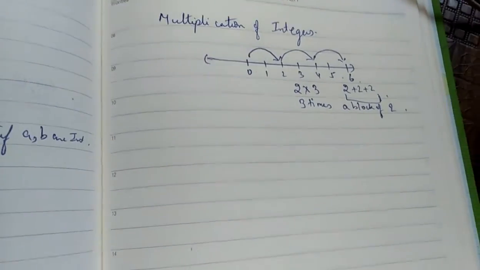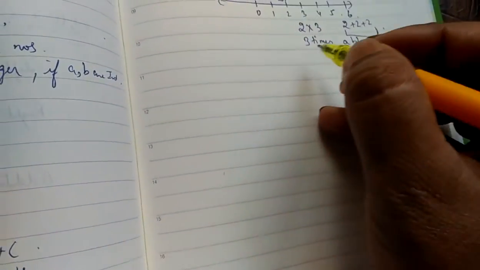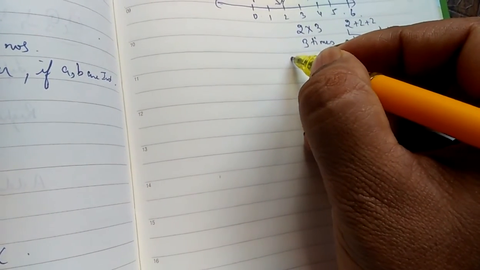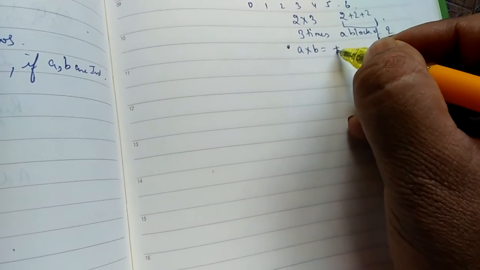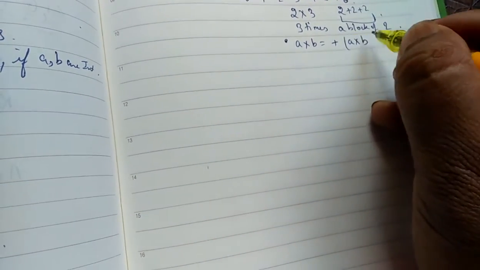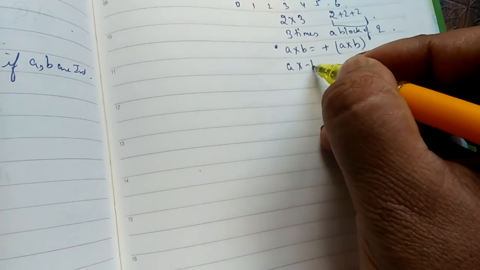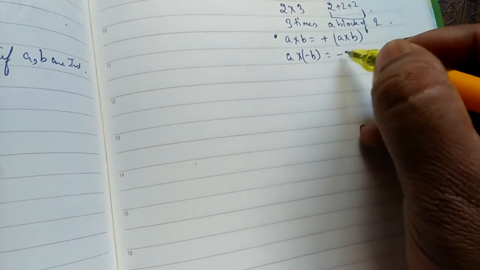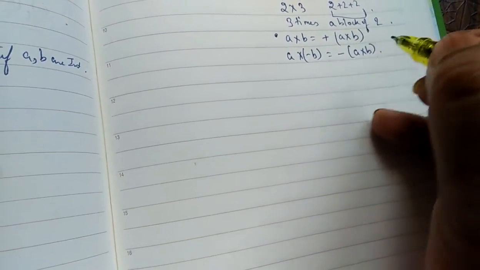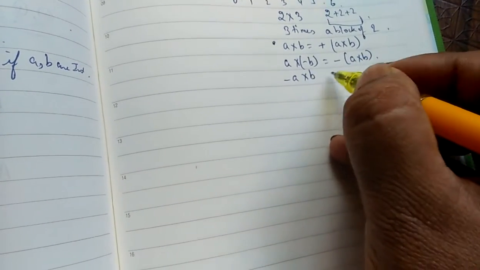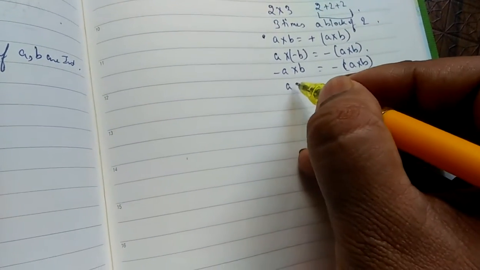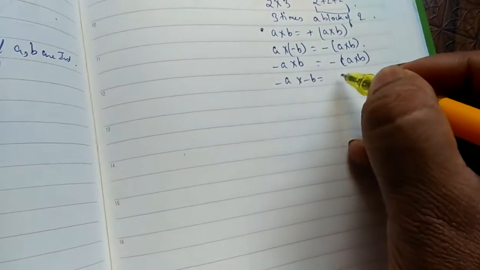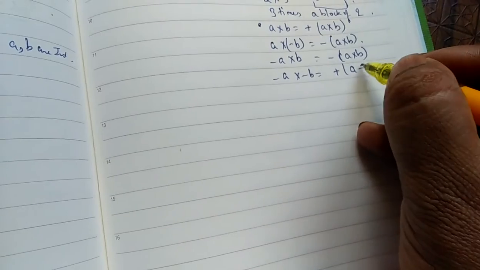As we discussed earlier, a into b is equal to positive a into b. A into minus b is equal to minus of a into b. Minus a into b is equal to minus of a into b, and minus a into minus b is equal to plus a into b.